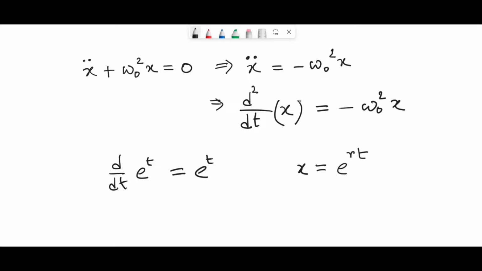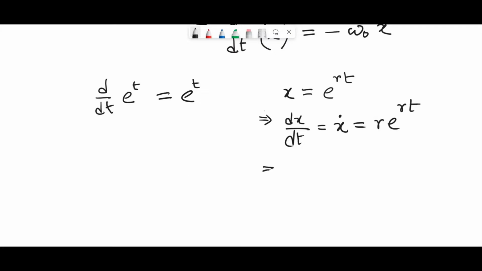constant times t. So this is our candidate solution, and if we differentiate it once, this is equal to x dot, and we differentiate it again, you get x double dot equal to r squared e to the power rt.